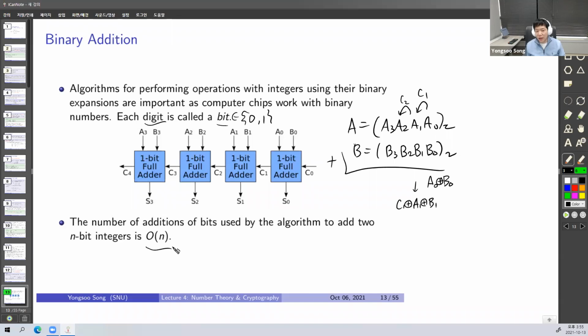Of course, this is not a very efficient algorithm. In real computer systems, there is a much more, I mean, incredibly optimized algorithm in our computer chips so that it runs really fast.